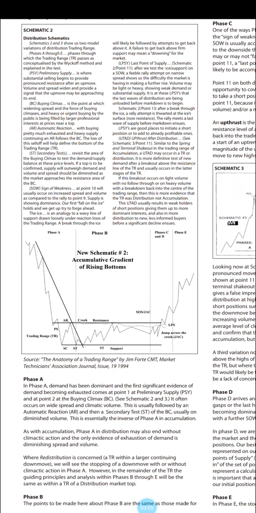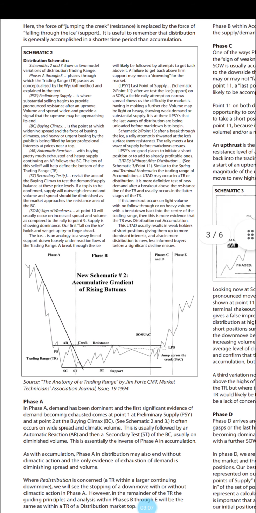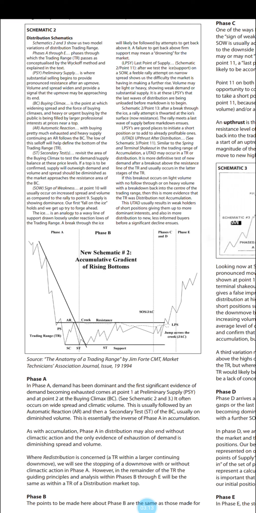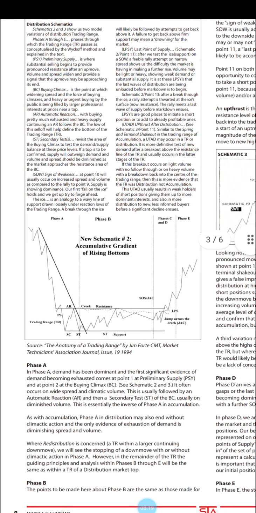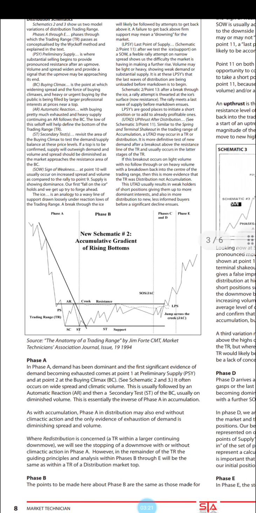Because we're going to have to remember all this, guys. So, automatic reaction with buying pressure, secondary. So we had an automatic reaction followed by a buying climax with buying pretty much exhausted. So the low of this sell-off will help define the bottom of the trading range.